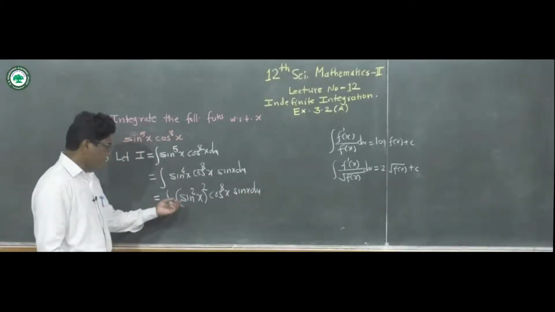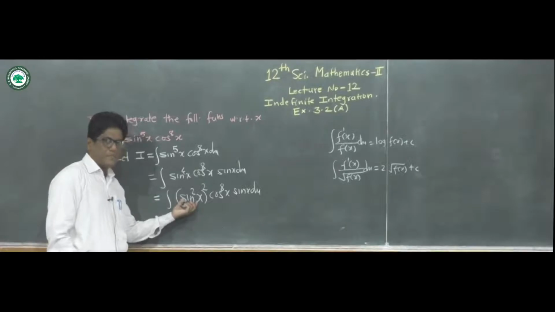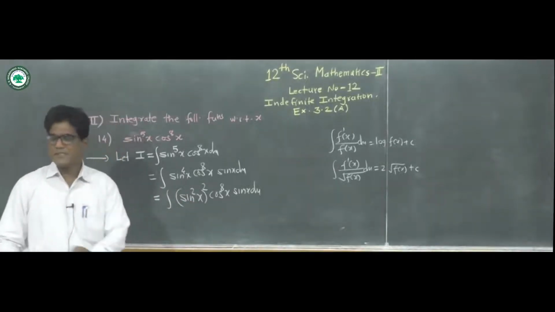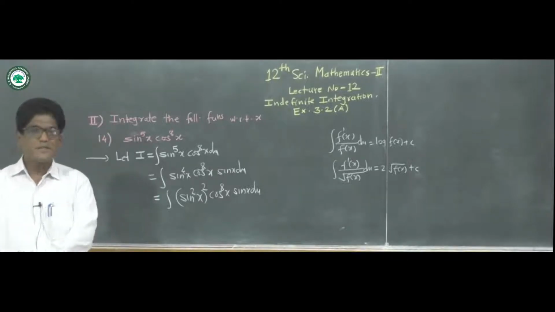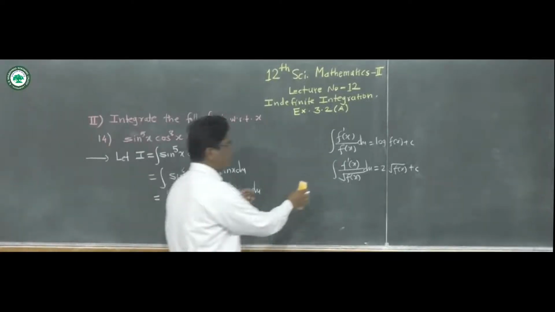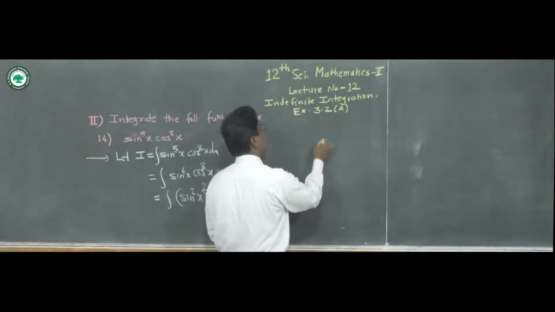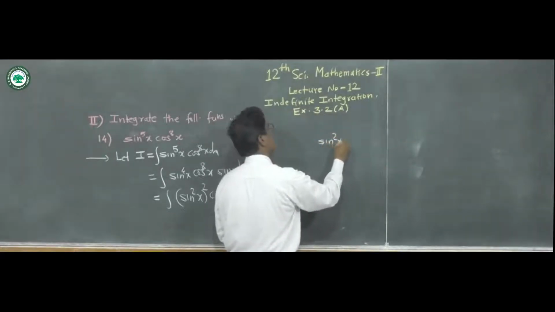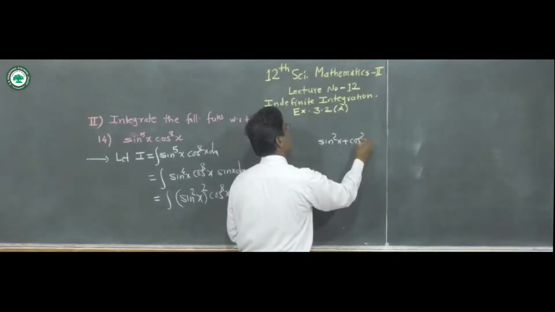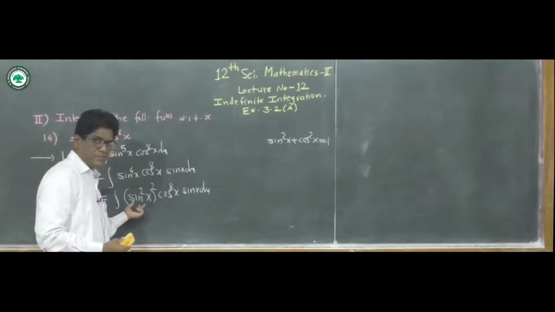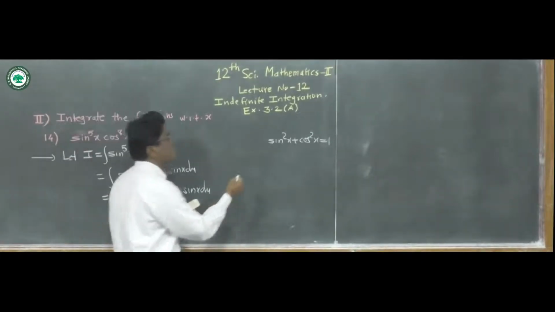Now we write sin square x in terms of cos square x using the first fundamental identity. What is the first fundamental identity? Sin square x plus cos square x is equal to 1. And so we get sin square x is equal to 1 minus cos square x.